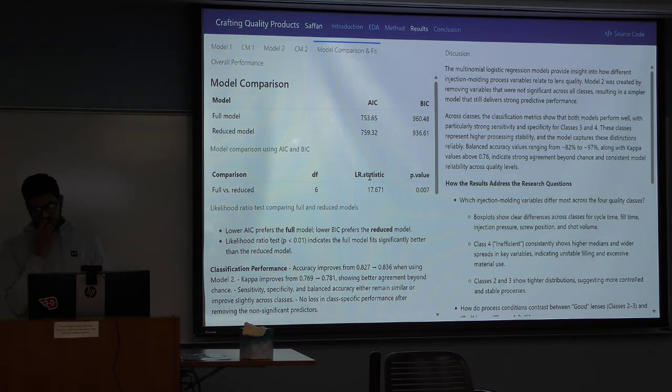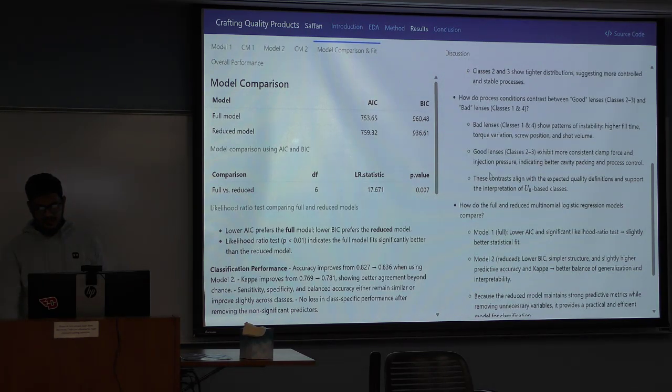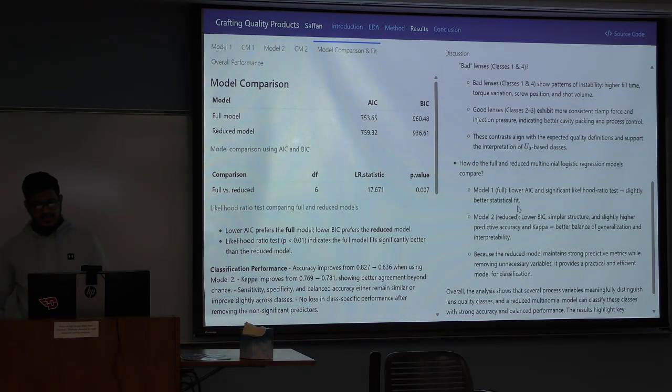When we look at the model comparison, we look at the AIC values. Both models have very low AIC, and the lower AIC means the likelihood ratio is better for both of them. Model 2 is very stable, and its accuracy is slightly higher.